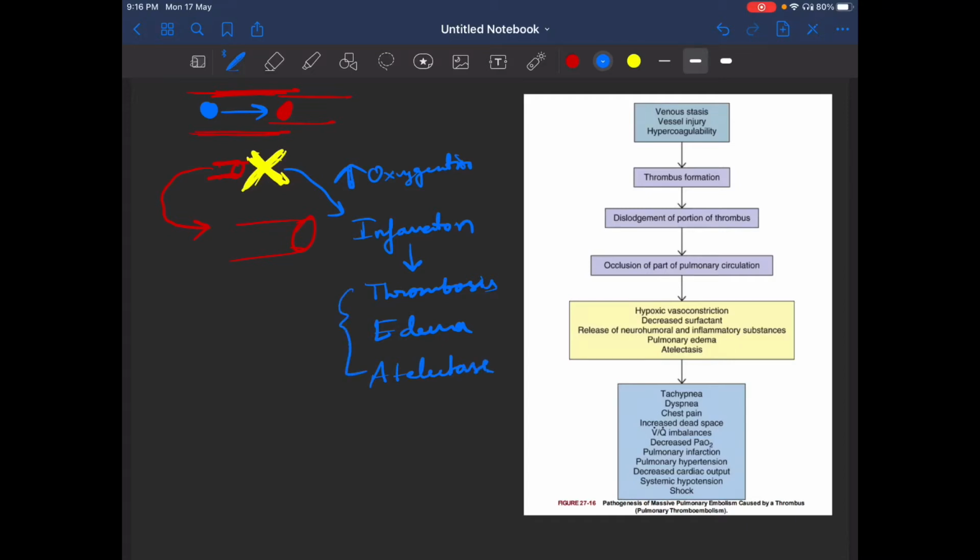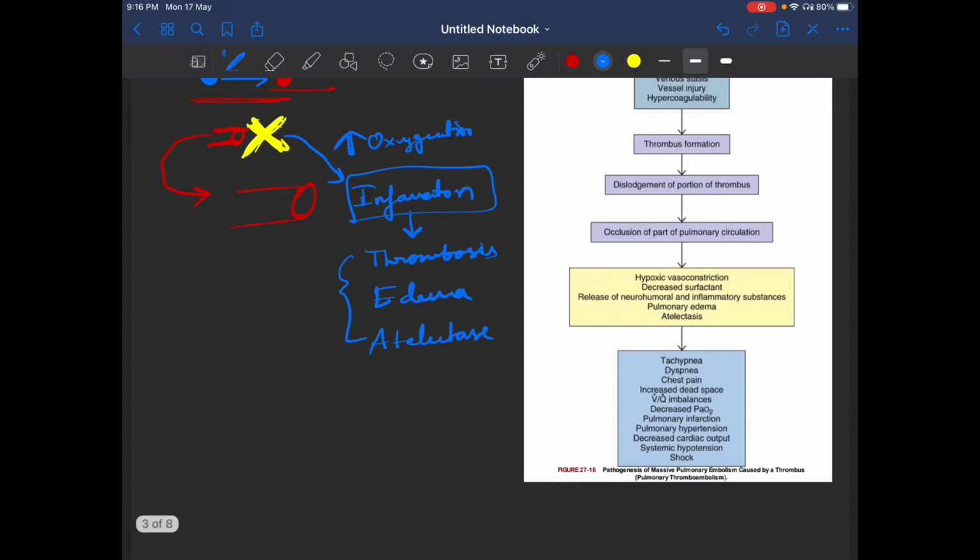These three will occur in response to the inflammatory markers released in the tissue. So when there is edema, if it is massive, there will be decreased O2 exchange.